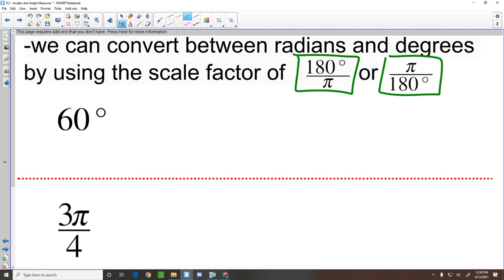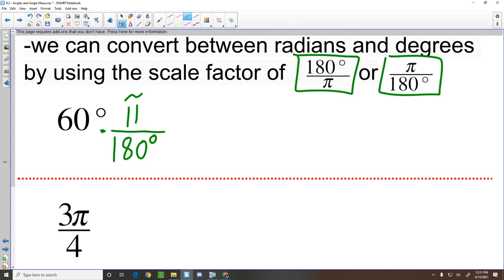In this case, though, if I wanted to convert 60 degrees into radians, like how many pi radians is that? Well, then I would multiply by pi over 180 degrees. Now, at first glance, that seems like an illegal math move. I can't multiply by one value up top and a completely different value on the bottom, right?